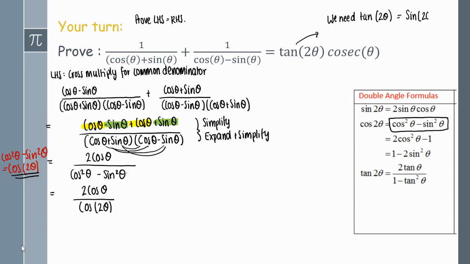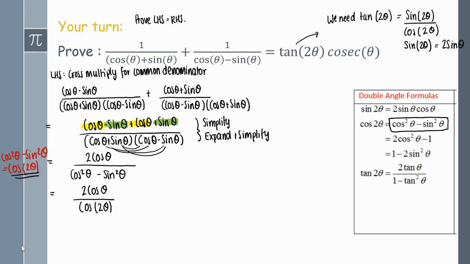We need tan 2 theta, so I know that will be sine 2 theta over cos 2 theta. I also already have a cos 2 theta on my left-hand side, but I want a sine 2 theta on the numerator.